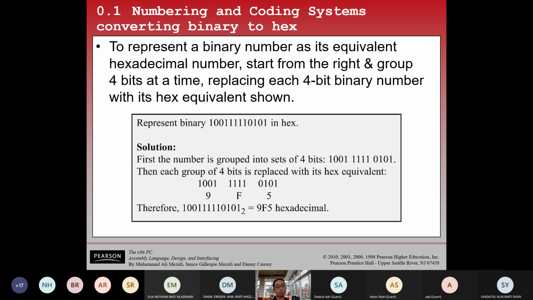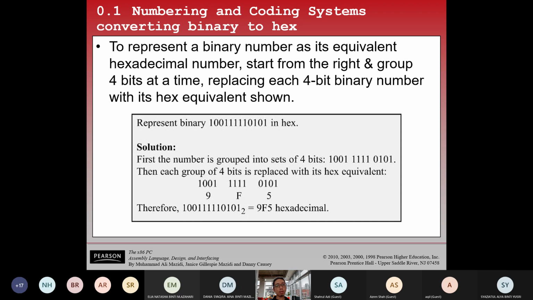So you take each 4 bits of that. So 4, and then 4, and then another 4. So you need to look at how you know that.